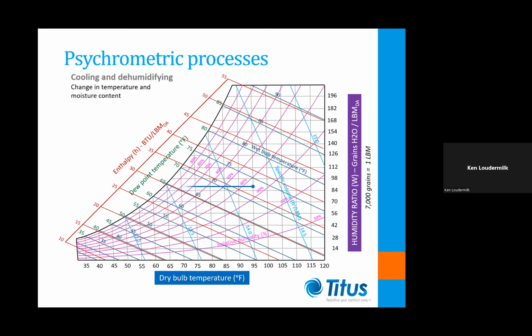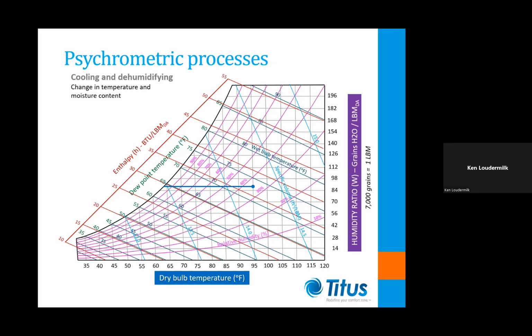For example, the process of cooling outdoor air from 95-degree dry bulb and 73-degree wet bulb to a temperature of 51 degrees can be illustrated on our psychrometric chart. The mixture initially undergoes a sensible cooling process until it reaches its saturation line, which is around 64 degrees.